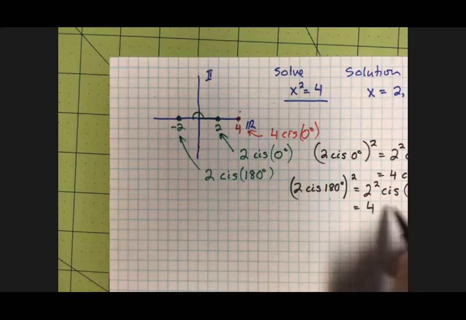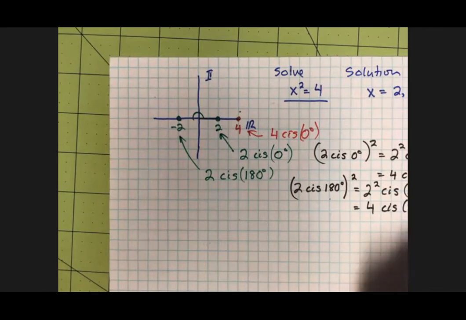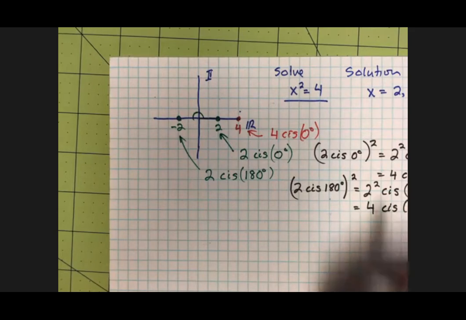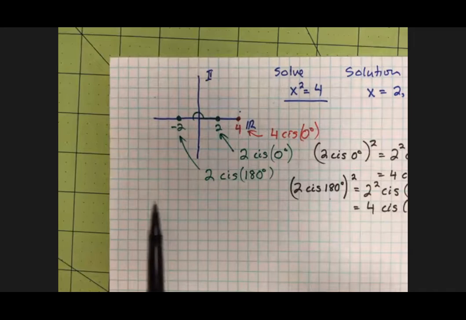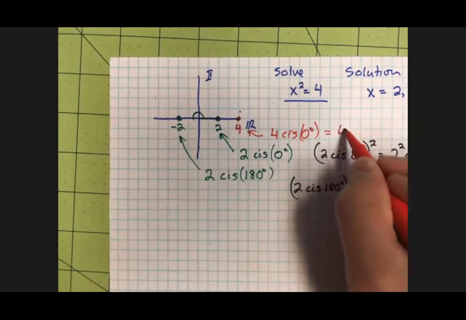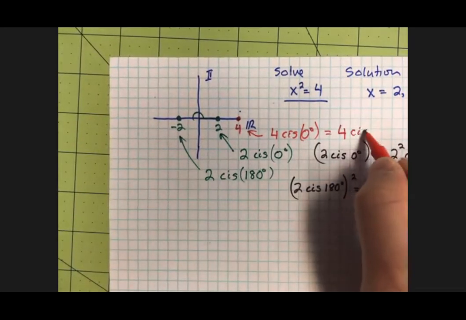And that's 4, and 2 times 180 is 360. But the cosine of 360 plus i sine 360 is the same as cosine of 0 plus i sine 0. 0 and 360 are coterminal. So this is also 4.